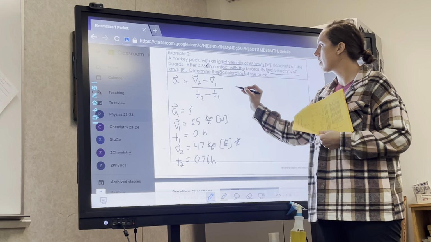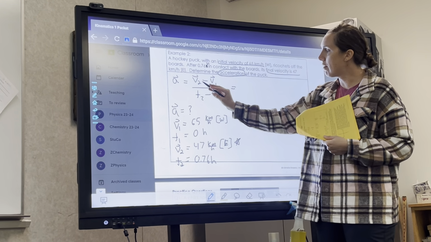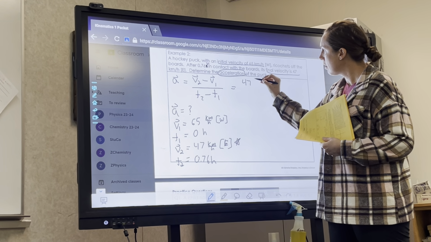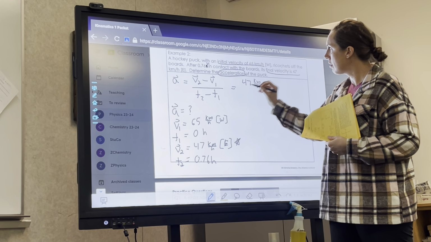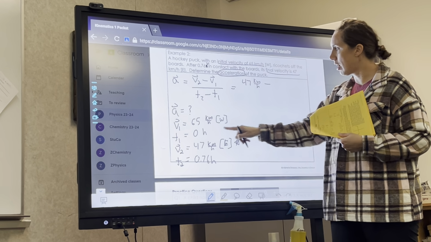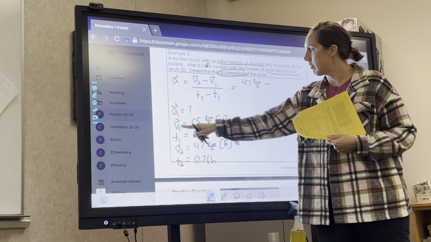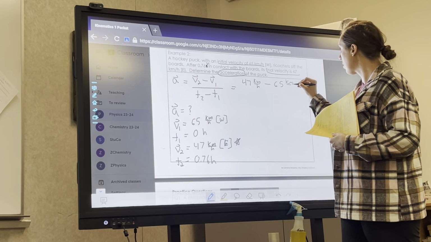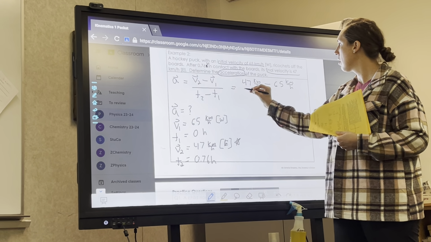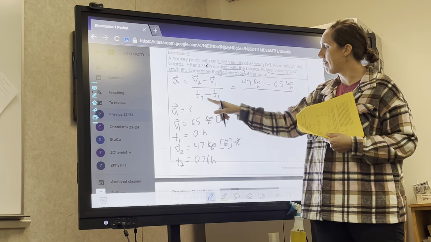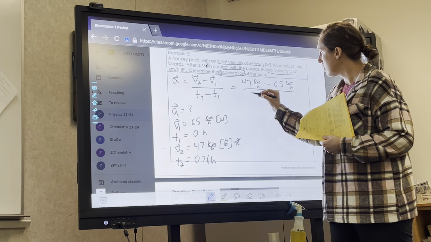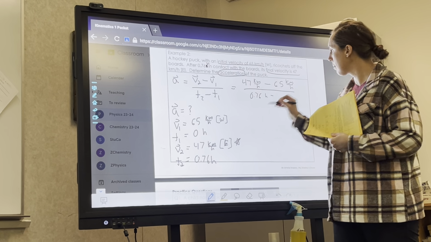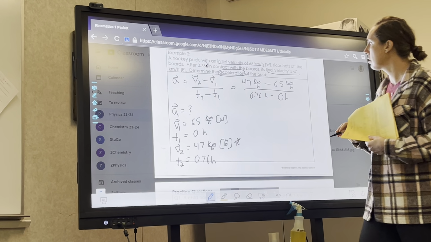My final velocity is 47 kilometers per hour minus my initial velocity, 65 kilometers per hour, all over my final time, 0.76 hours, minus my initial time, 0 hours.